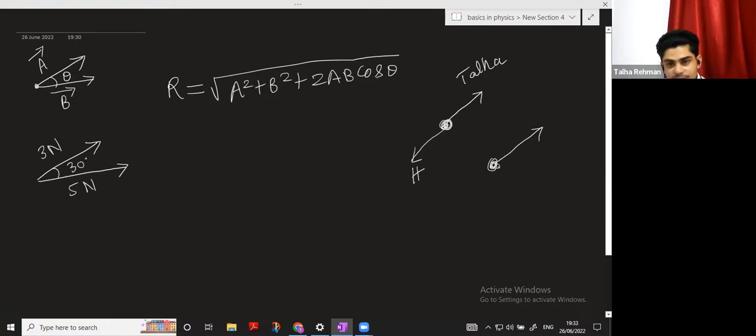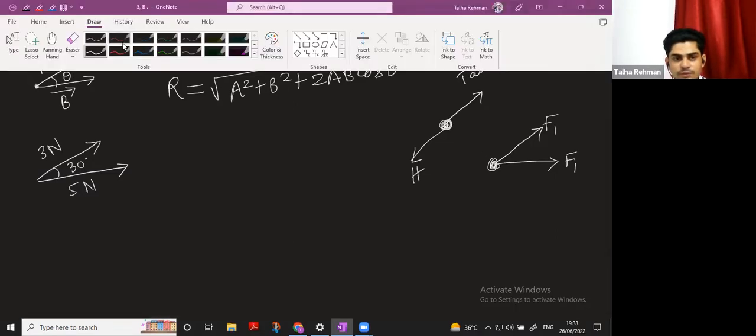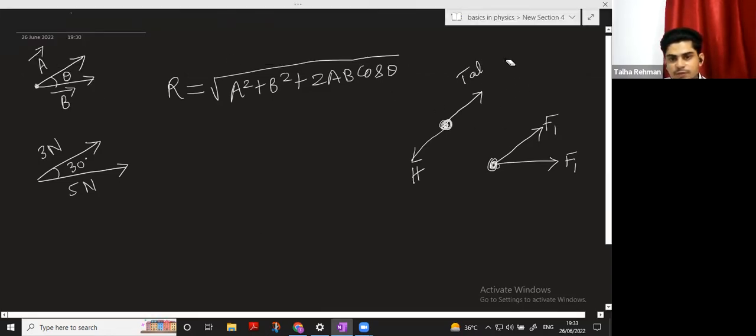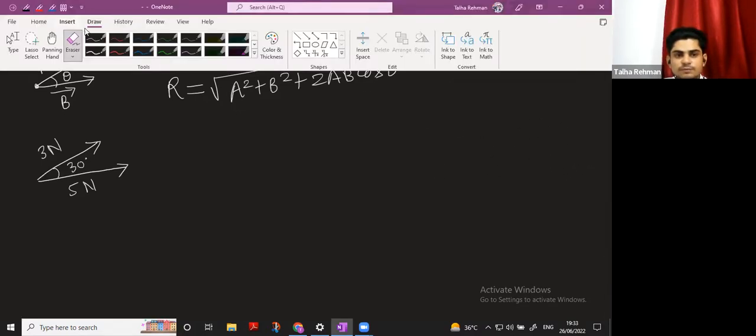And another person is applying a force here. So they are saying resultant means what will be the combined effect of these forces on this thing? So this is the whole story. And for the climax of that story, we need this formula.